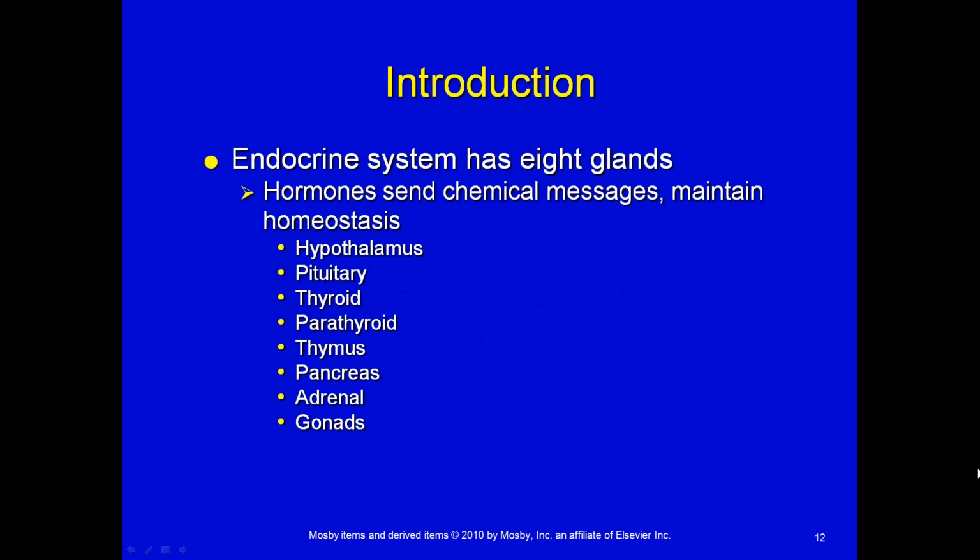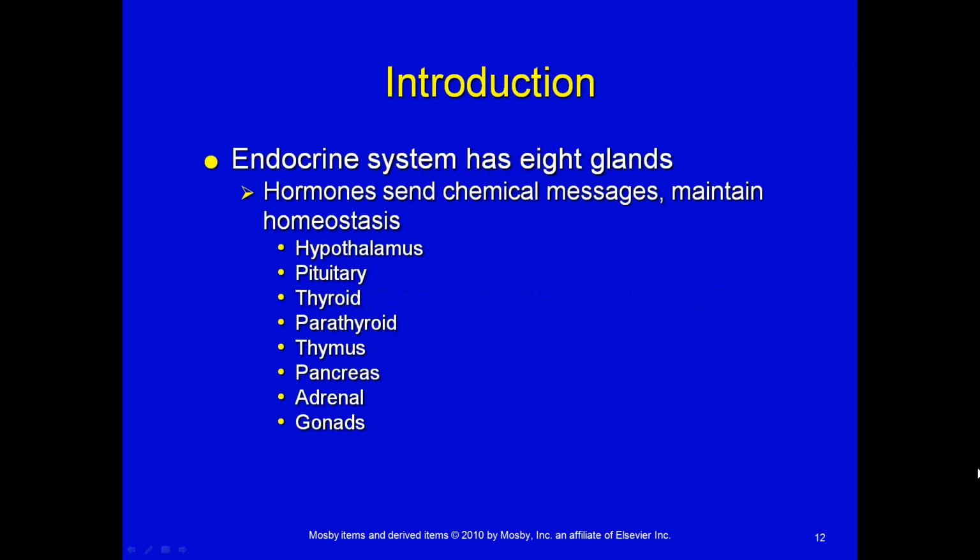Now, the endocrine system has 8 glands, and these glands submit hormones and send chemical messages that are important in helping us maintain homeostasis. They include the hypothalamus, the pituitary gland, which is often referred to as the master gland, as it signals other glands to release hormones.